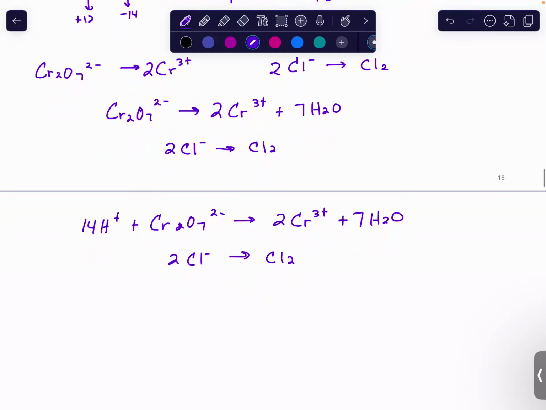Now I'm going to balance charges with electrons. Okay, well, if I look, I have a plus 14 and a minus 2, so that's a plus 12. Then I have a plus 6 on this side, which means the left side is going to get 6 electrons.